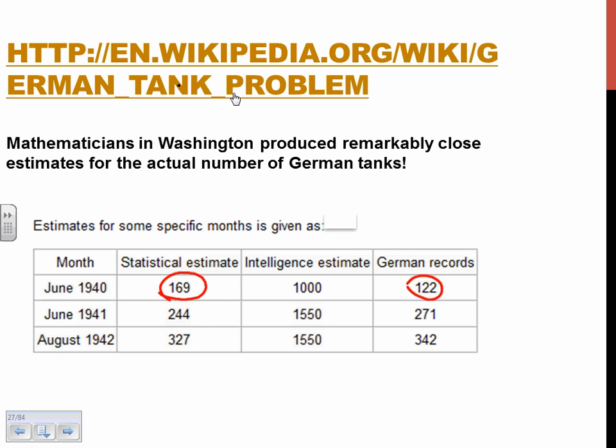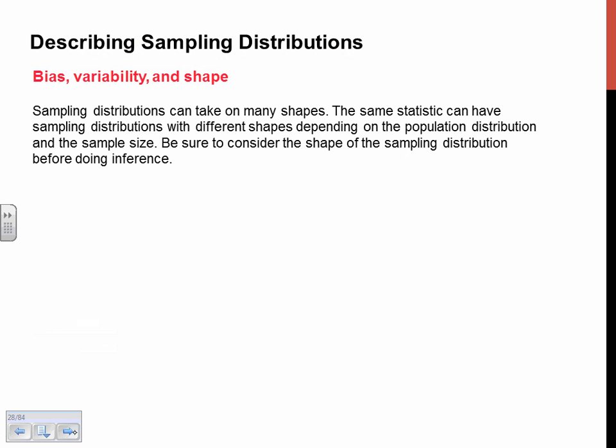So here in June of '41, the mathematicians said 244. The intelligence estimated 1,550, and the actual number was 271, so they were pretty close. And look at this in 1942. Isn't that crazy? Math is awesome.